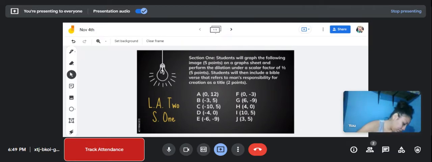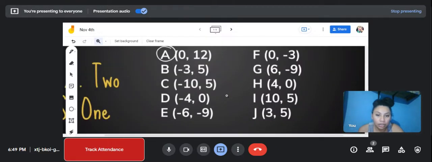So let's just make sure that you guys have the correct points, right? So I'm looking at point A, and let me zoom this up. Okay. I'm looking at point A, and point A is (0, 12). And what I need to do to find A1 now is apply the scalar of half to each of these numbers.